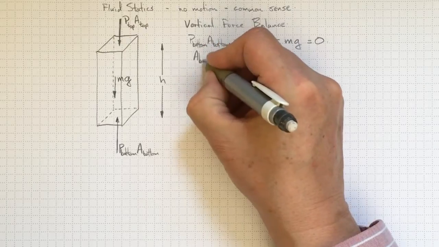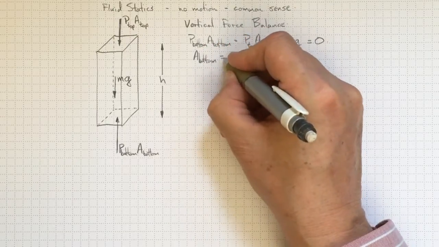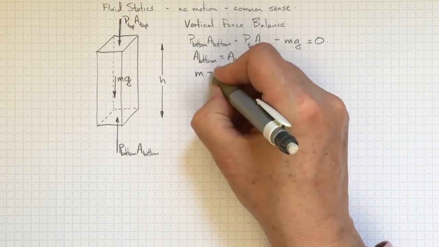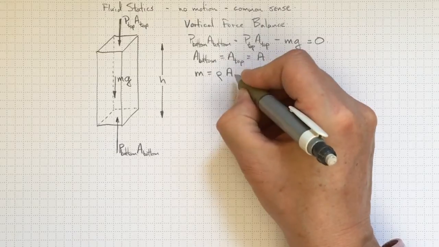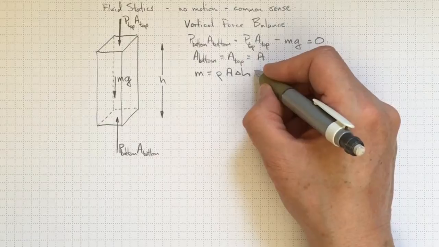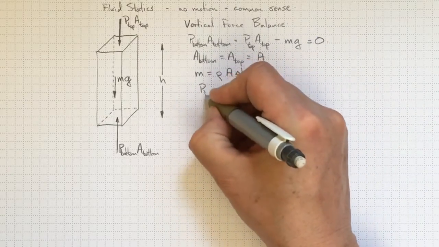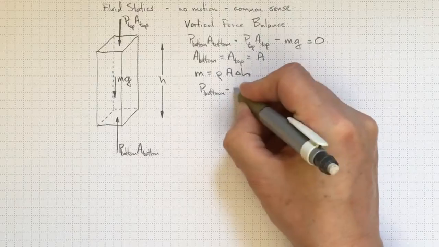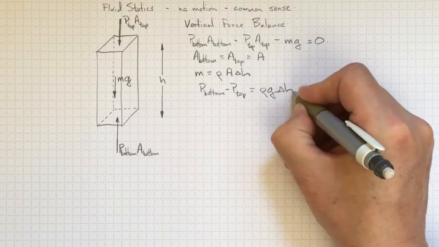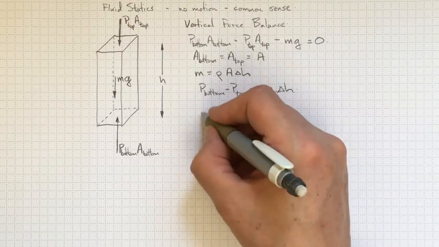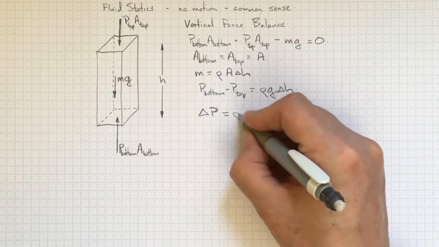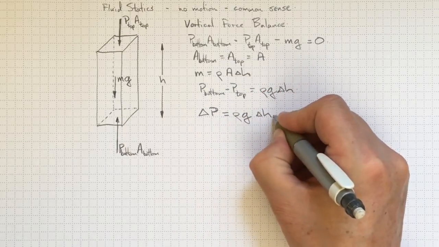Now, if the area on the bottom is equal to the area on the top, and both of those we just say are equal to A, and the mass is equal to the density times the cross-sectional area times the height, delta H, that's how tall this control volume is, then we wind up with P bottom minus P top equal to rho g delta H. Or in the form we're going to use over and over again, delta P equals rho g delta H.